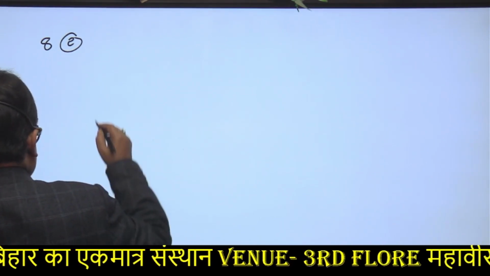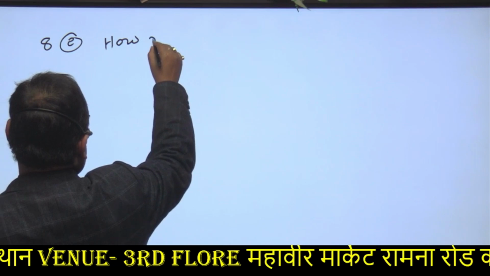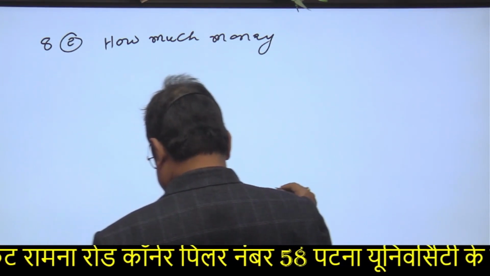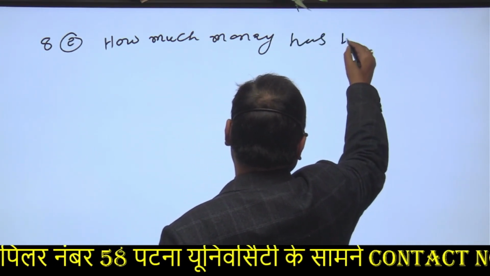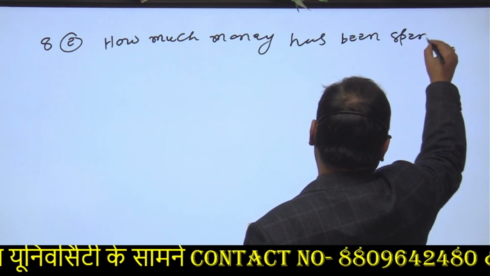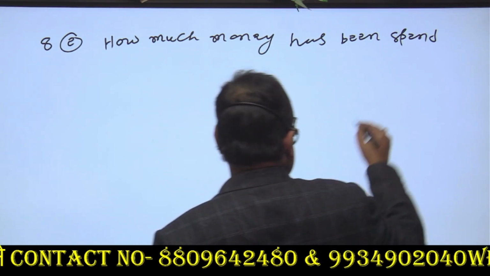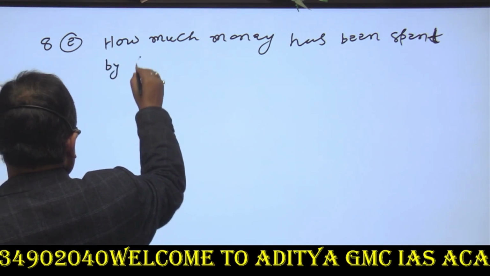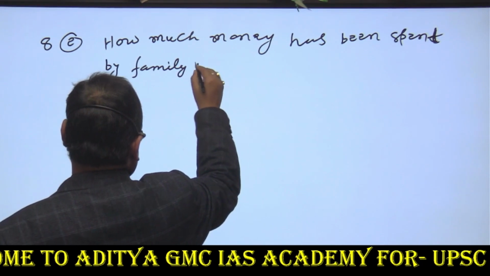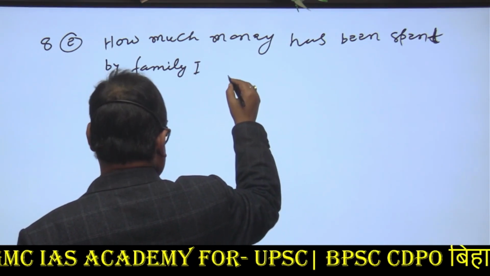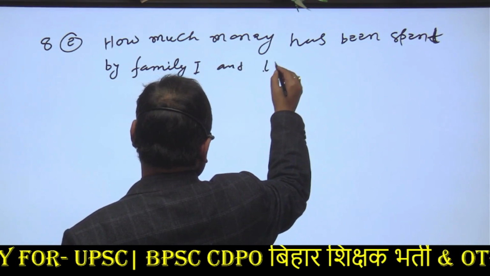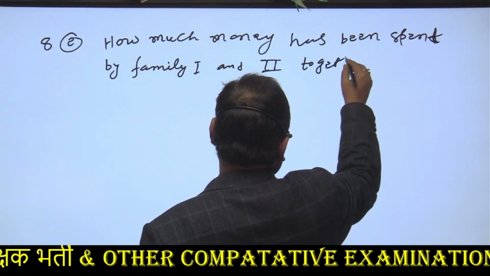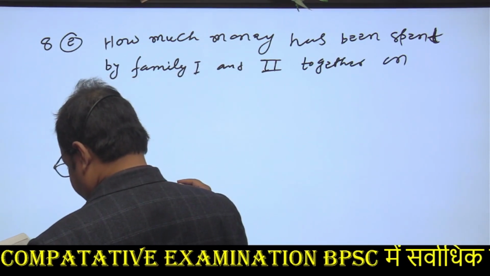How much money has been spent by family 1 and 2 together on mixed items?